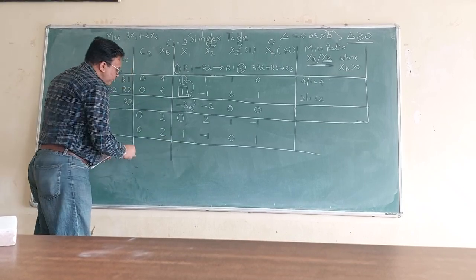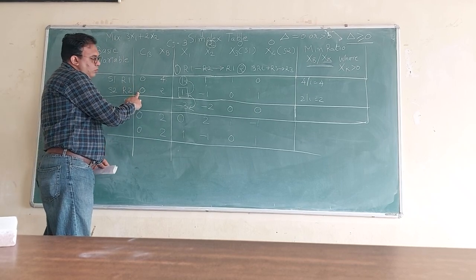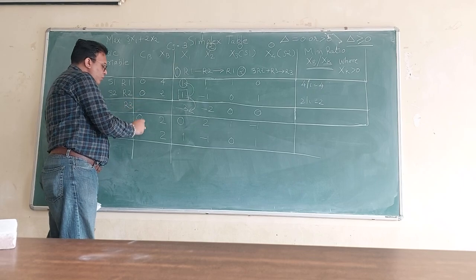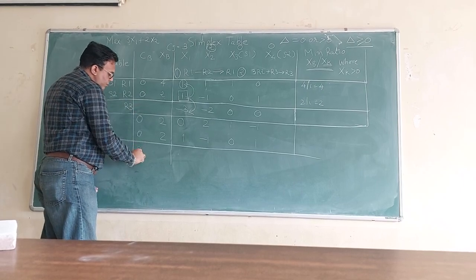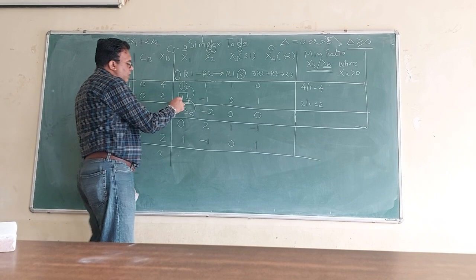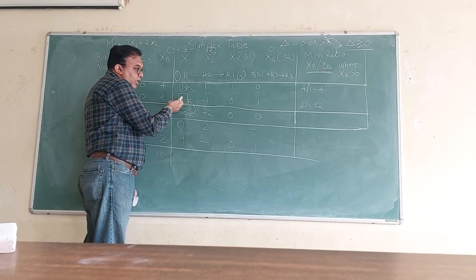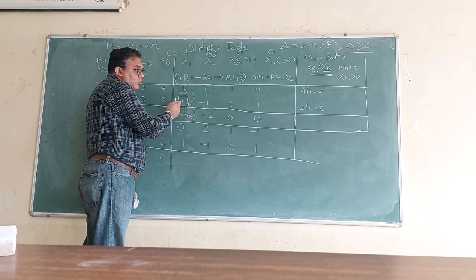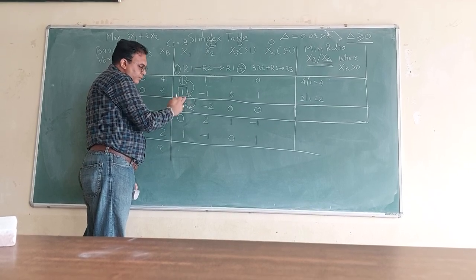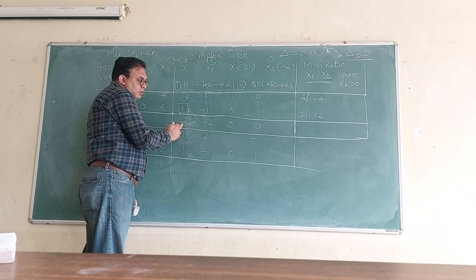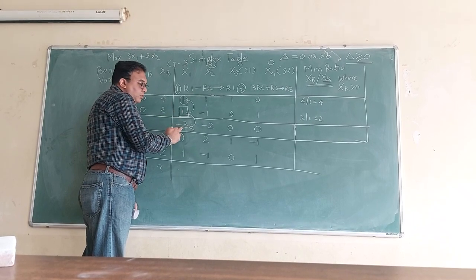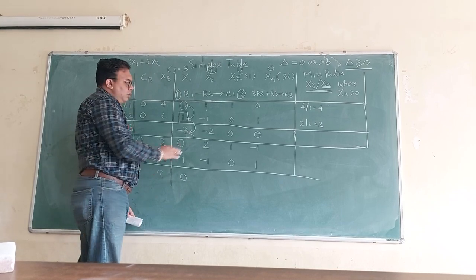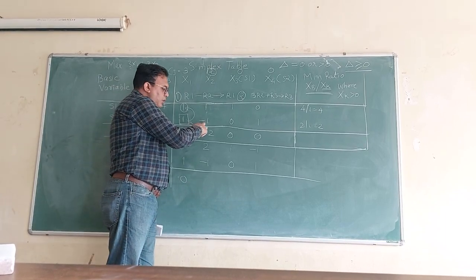Row number 3. 0 into 3, 0. There is no value over here, so we didn't want to count. Right? Let us come over here. 3 into 1, 3 minus 3. Is it okay now? Minus 3.